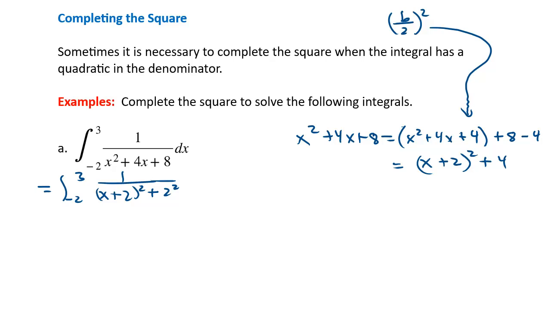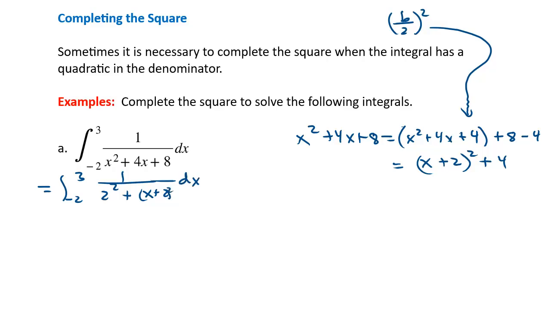Let me do this in reverse because our pattern is going to be a squared plus u squared on this one. I can write these in whatever order I want because they're added. So let's do it as 2 squared plus (x plus 2) squared dx.